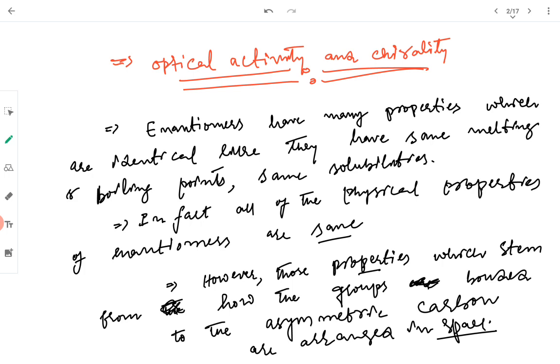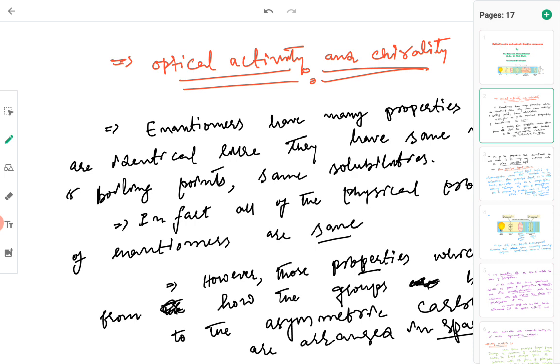However, those properties which stem from how the different groups are arranged around the asymmetric carbon will be different for the two enantiomers, because they have a different arrangement of atoms or groups around this asymmetric carbon. So these properties will not be identical. They will be dissimilar. What are those properties?